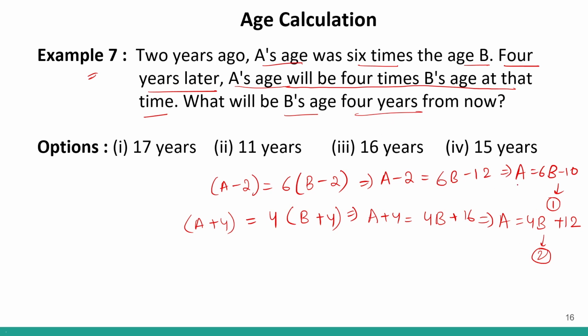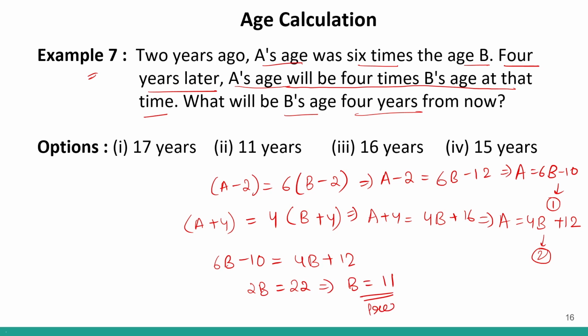So over here I can see these equations both are equal to A. So I can say that 6B minus 10 equals 4B plus 12. Correct? If I take 4B that side, 6B minus 4B will be 2B. And if I take 10 this side, it will turn positive. So 12 plus 10 will give me 22. So what will be the age of B? It will be 11 years.